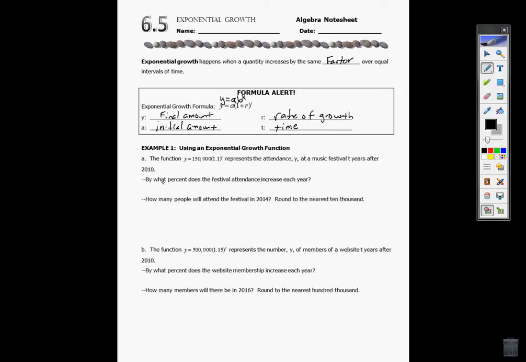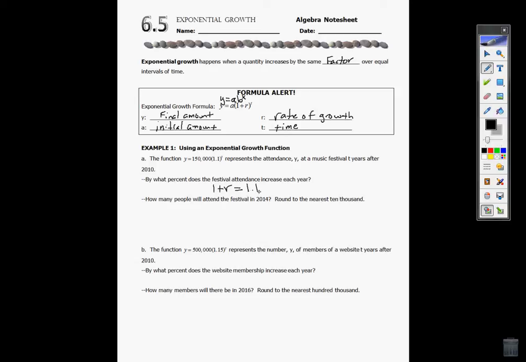So our first question is, by what percent does the festival attendance increase each year? Well, I was actually just talking about that when we were talking about this piece in here being 1 plus the rate. When I'm asking by what percent does the festival attendance increase, that's asking what is that rate of growth. So that should be our r value, which I know 1 plus r in this equation equals 1.1.